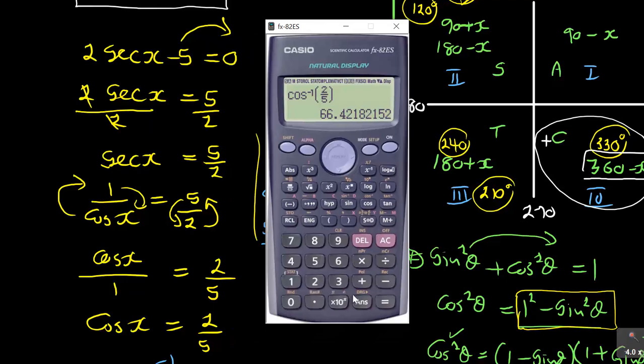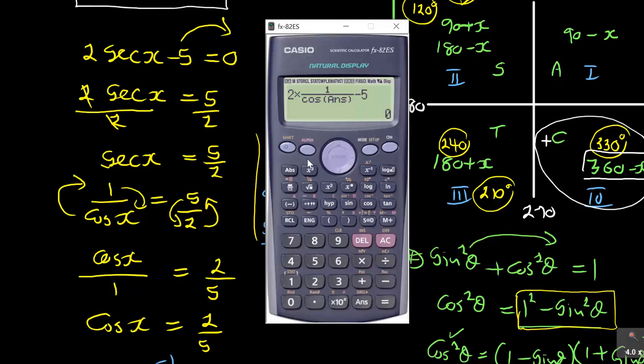If I say answer, this is my answer. So I say 2 times, sec is 1 over cos, so 1 over cos answer, and then minus 5, it must give me 0. See, it's giving me 0, so this is correct.